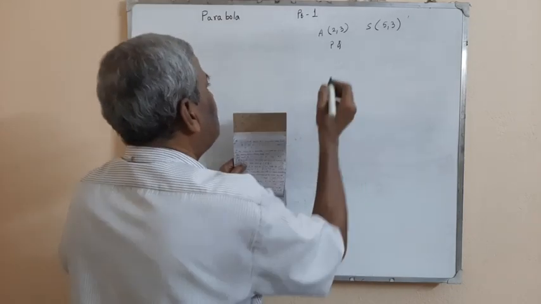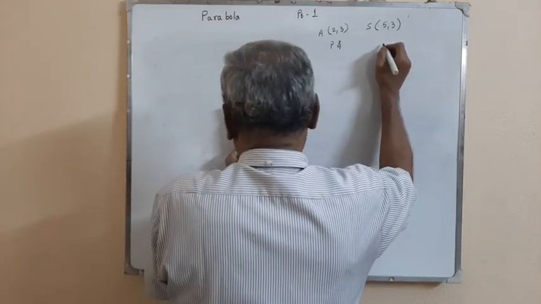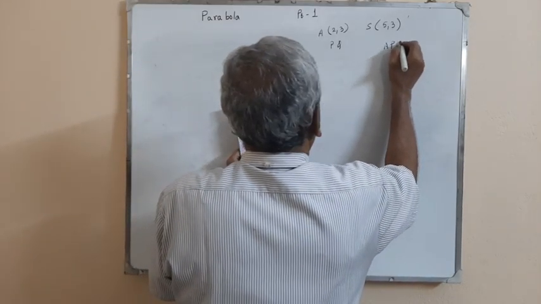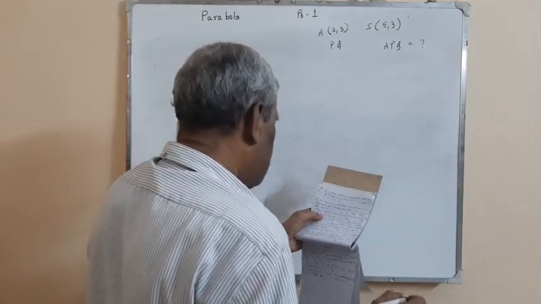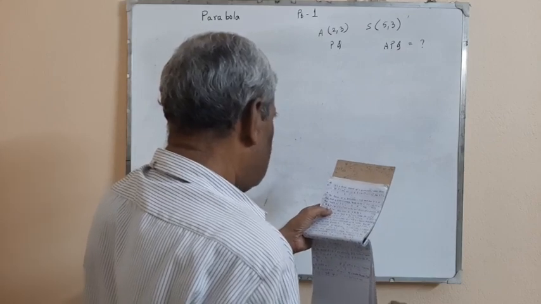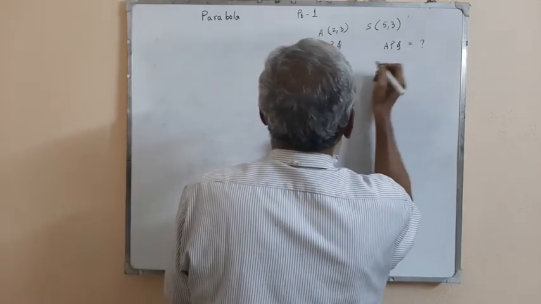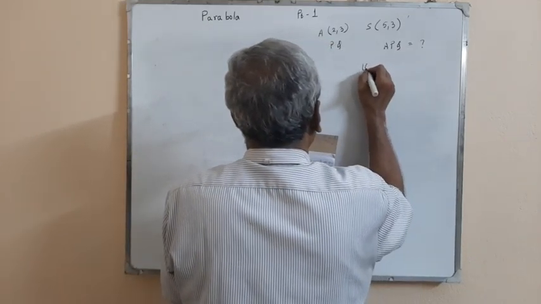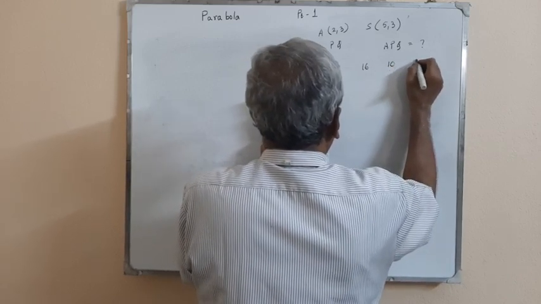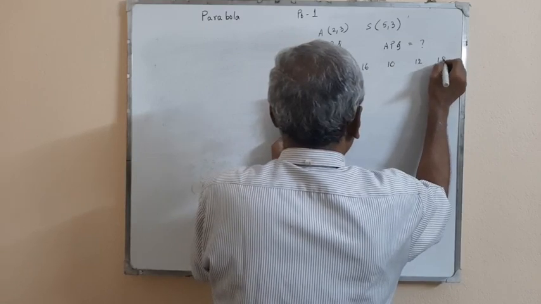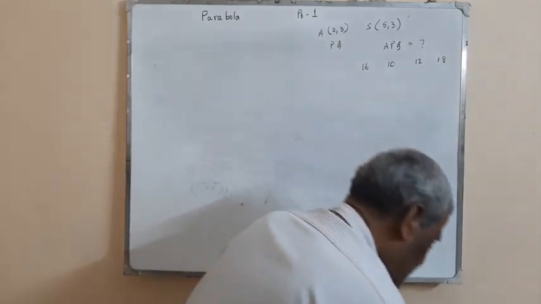Then area of the triangle APQ, how much? Options are 16 square units, 10 square units, 12 square units, 18 square units.